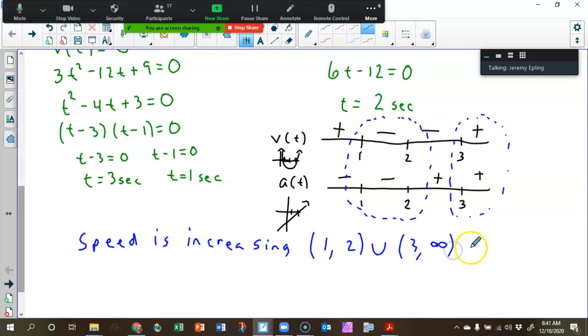And my justification is what went on in my head, since velocity and acceleration have the same signs.